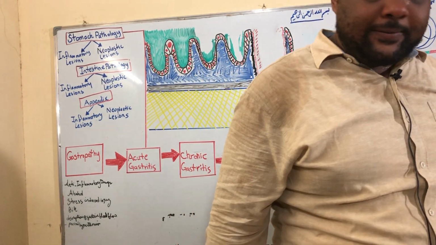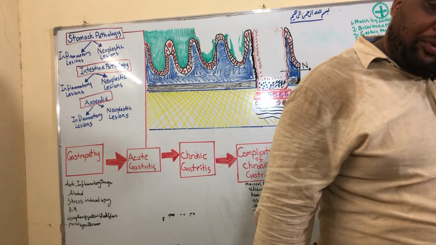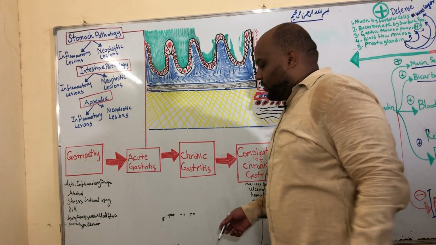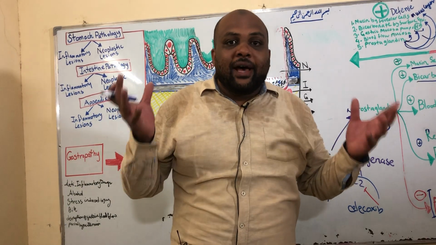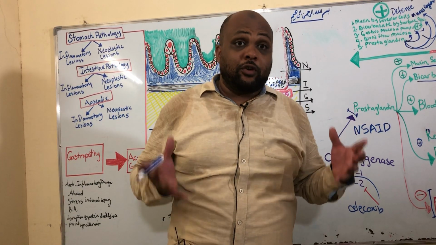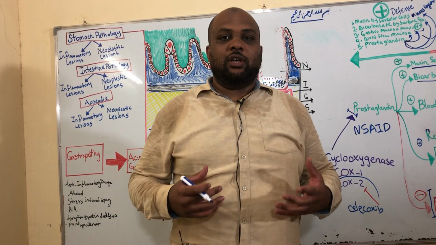But I hope that this lecture gave us a very important first step into understanding how an imbalance must be created first and foremost for us to have a pathology, an inflammation.